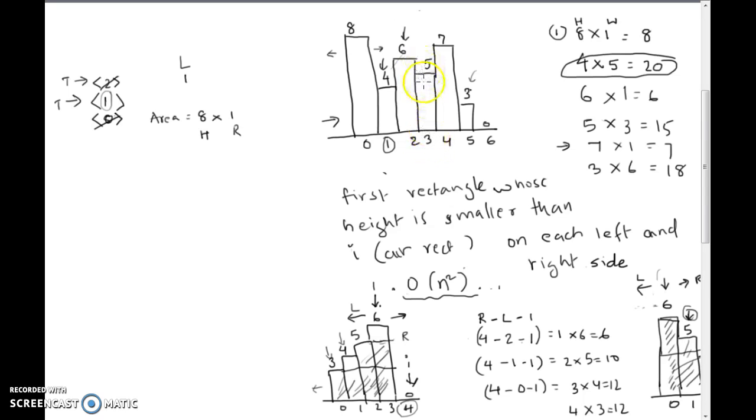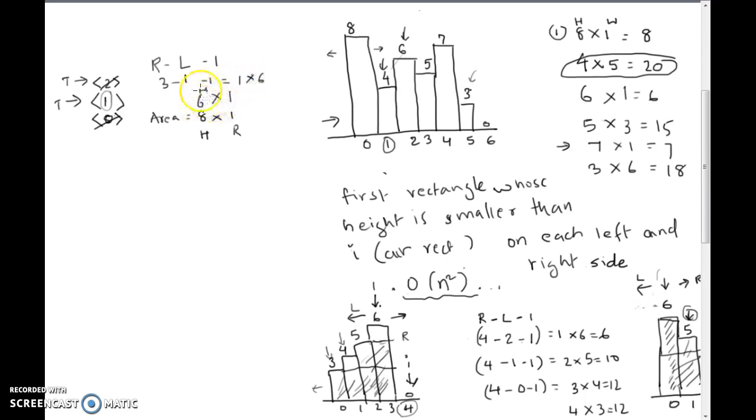That's the current one that we are at. So that would be right minus left minus 1, which is 3 minus 1 minus 1, which is 1. And so that would be 6 times 1, height times whatever is the calculation. I kind of messed up here, but you get the intuition.